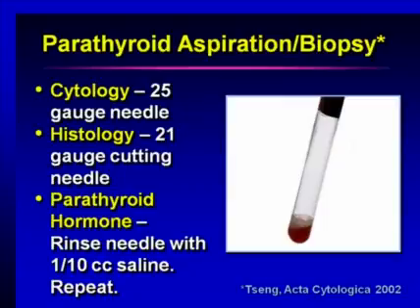So at the end of this procedure, you have about a half cc of blood-tinged fluid within a standard test tube, and that material is sent to the lab. If the parathyroid hormone levels are markedly elevated, then that should represent parathyroid tissue. If they're at baseline with the blood or very low, then it should not represent parathyroid. And this is proved to be more sensitive and more specific than the cytology or histology.